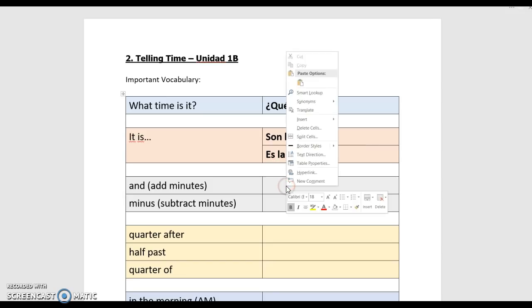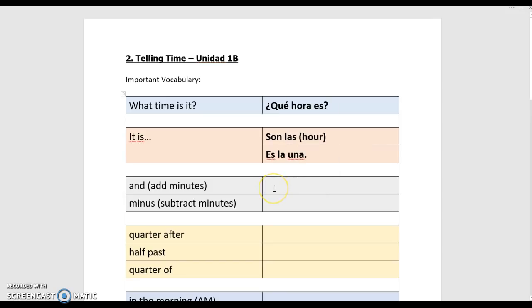From there, you have to decide if there are minutes involved, you're going to have to add or subtract them. We're going to add them, we're going to use our word and, in Spanish we already know is y, or we're going to subtract it using menos. We have some special terminology for quarter after, half past, and quarter of. So a quarter after, aka 15, you're going to add on y, the quarter hour, cuarto. Notice it is an RT, not a TR like in cuatro.